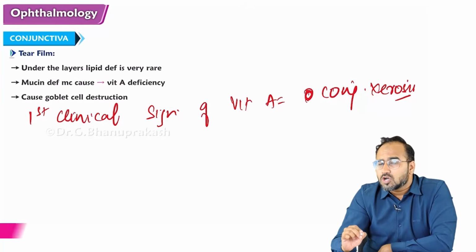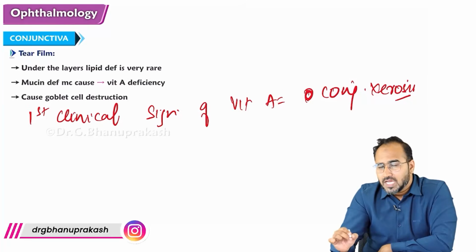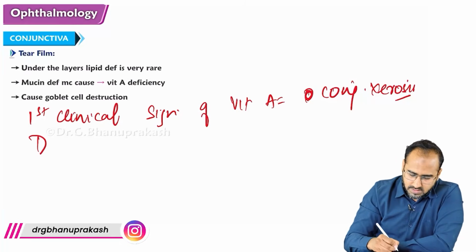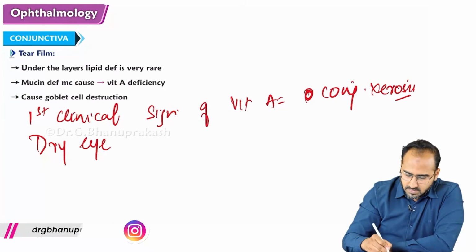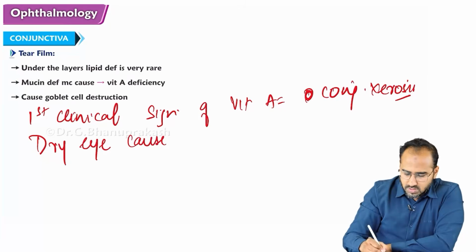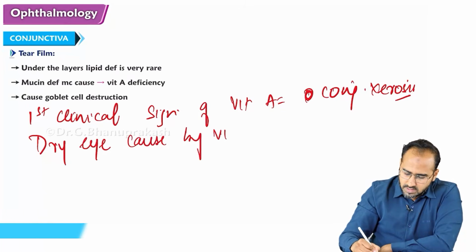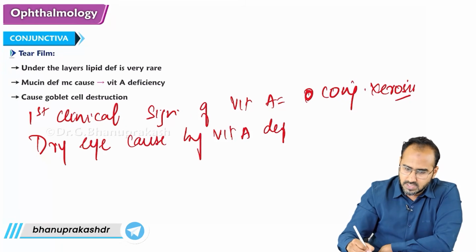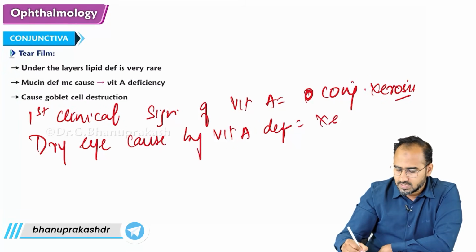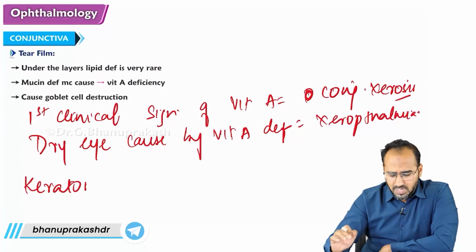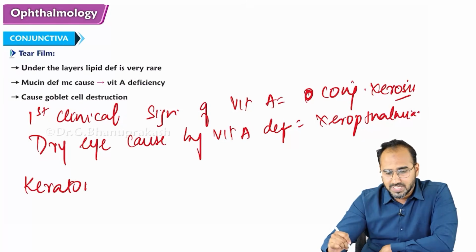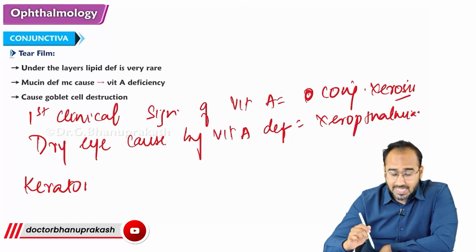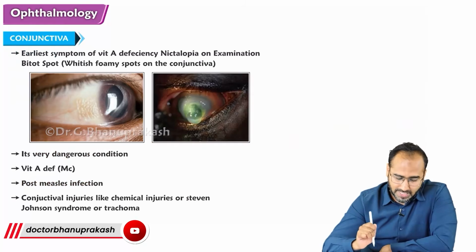And dry eyes which are caused by vitamin A deficiency are called xerophthalmia. Remember, the first clinical sign of vitamin A deficiency is conjunctival xerosis, right? That is the clinical sign of vitamin A deficiency.